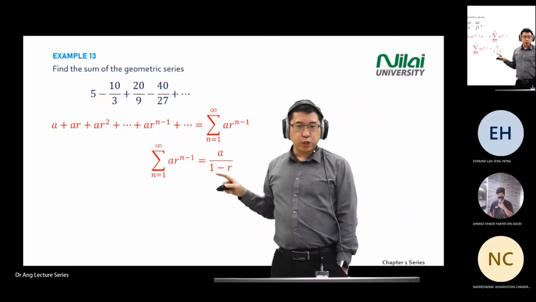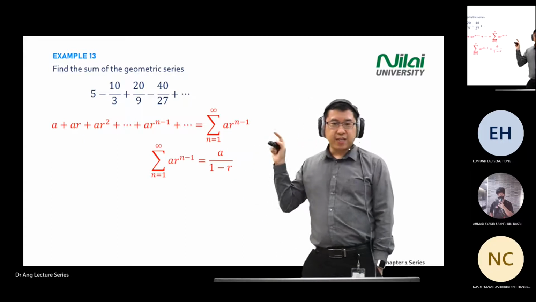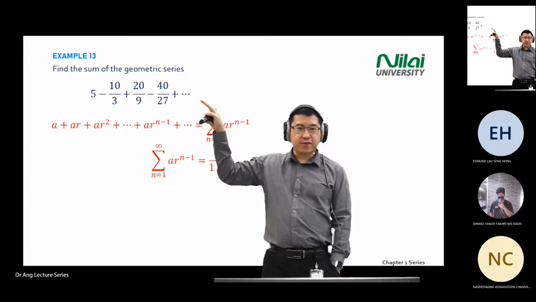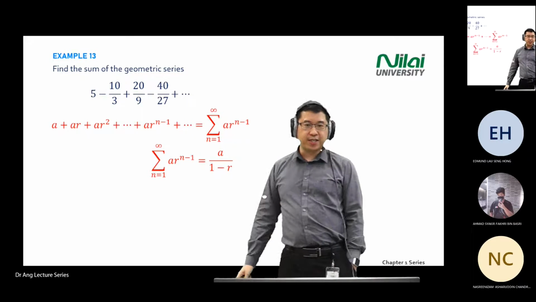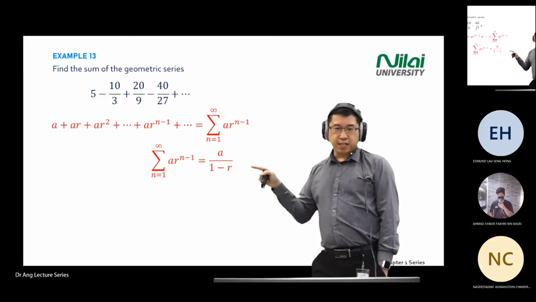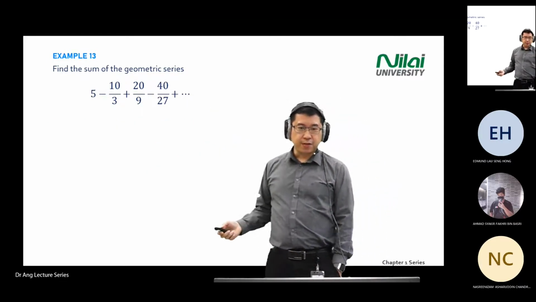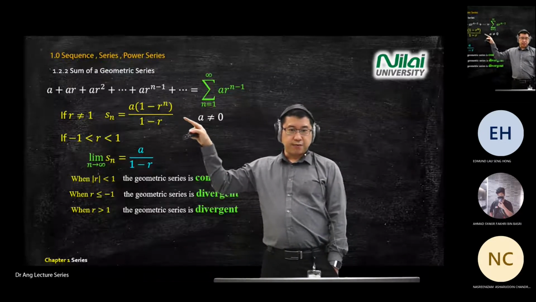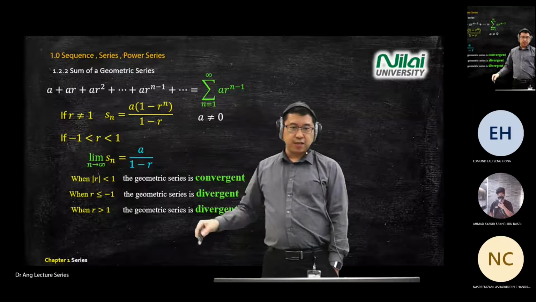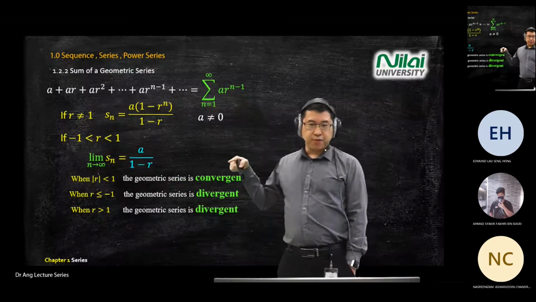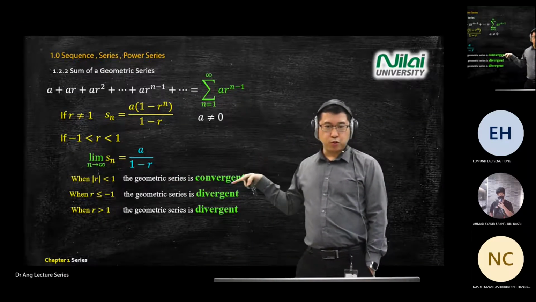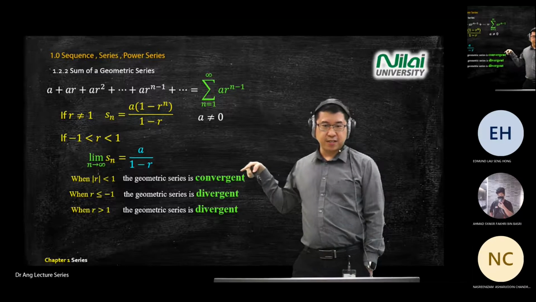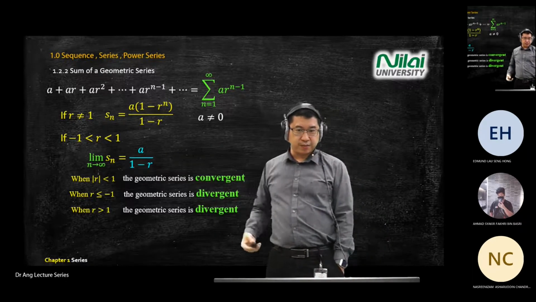After that, you know that if this series is convergent, you can write this equation. Because in the previous slides, you have this equation and this equation. So if you are going to do the convergent case, you use this equation.